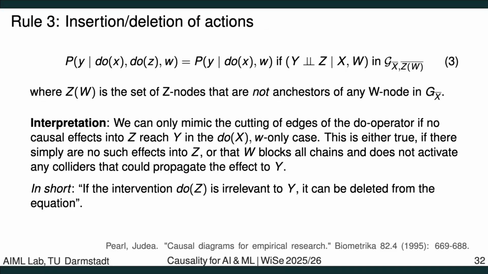So, and now the third and final rule, at least there are only 3 of them, is this one, which is a stronger criterion than the second one. It tells us that not only can we remove the do operator and only condition on set, but we can remove the do set altogether. Basically we ignore this variable here.